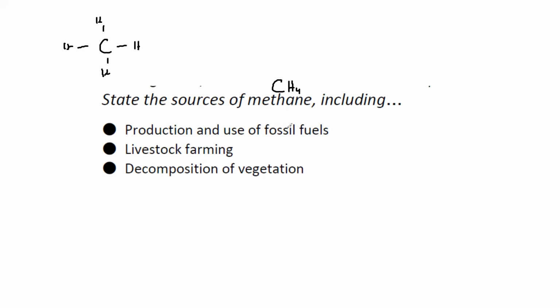It is produced by the production or use of fossil fuel, because when we are using fossil fuel, like crude oil, that crude oil is also giving out methane gas, CH4. Livestock farming, the animal waste, for example cattle farming, the waste of the animals is producing methane as well.